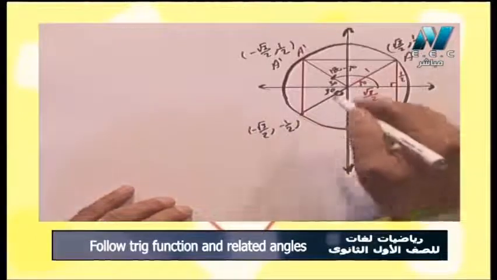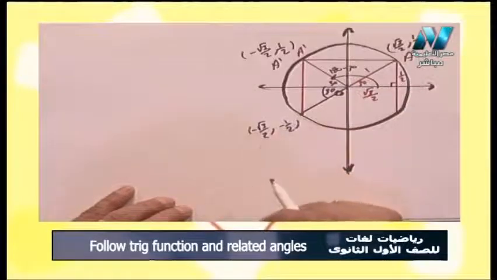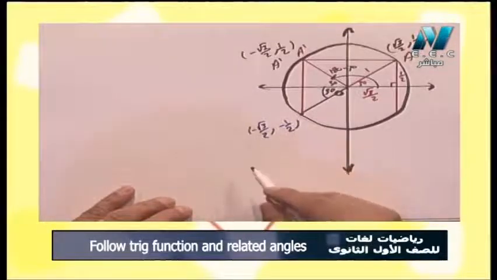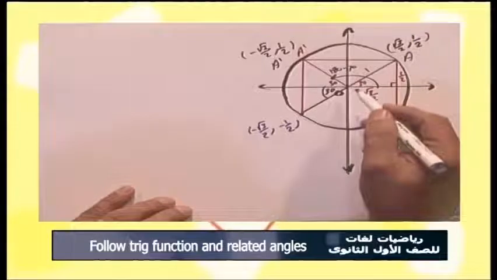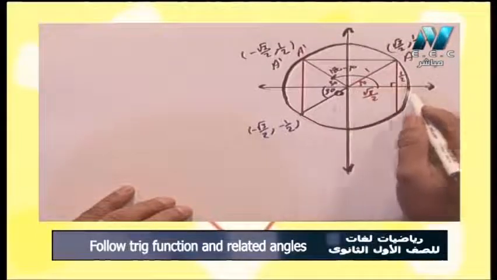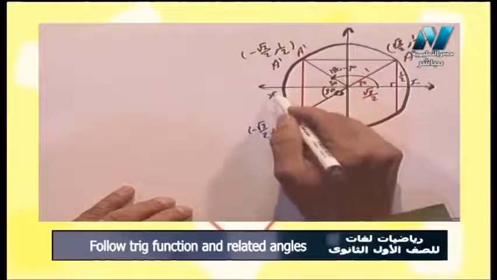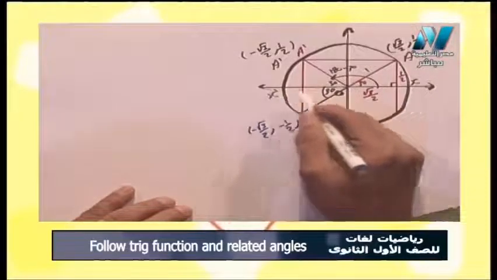Okay, we have here 30 degrees also, so it will be this coordinate, this point, but it's negative and negative. Why? Because x here is the positive direction of x, or positive part of x, which is called OX, and this is the part which is OX dash, which will be negative.